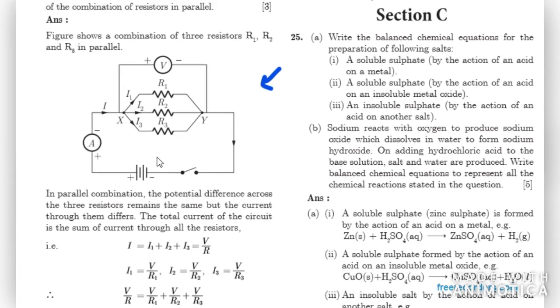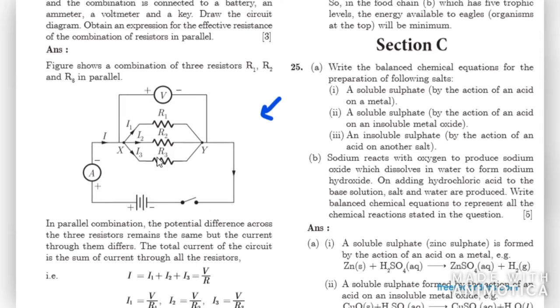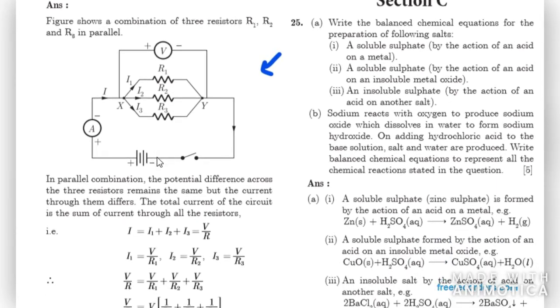Now we need to obtain an expression for the effective resistance. So first of all, I1 plus I2 plus I3 equals V over R, that means total voltage over total resistance. Now I1 will be V over R1, I2 will be V over R2, I3 will be V over R3.